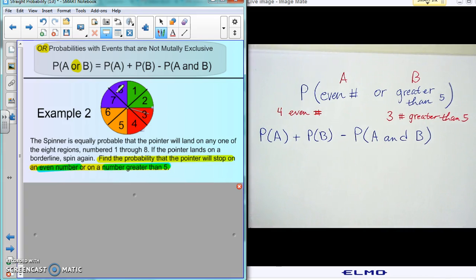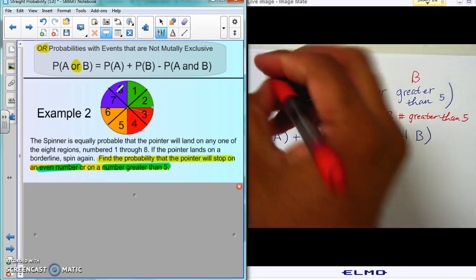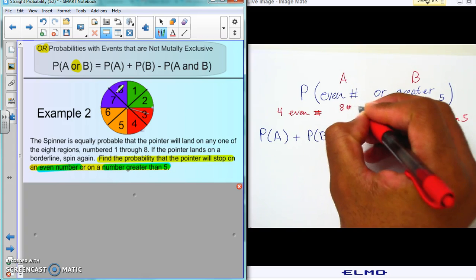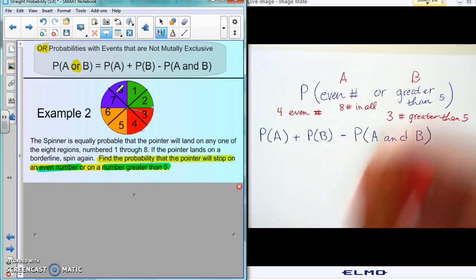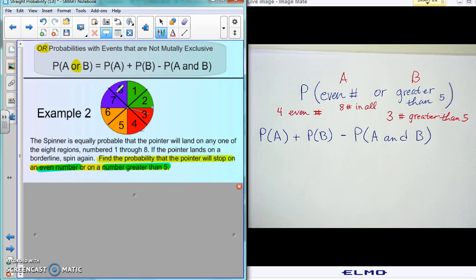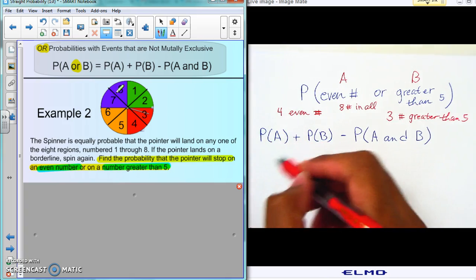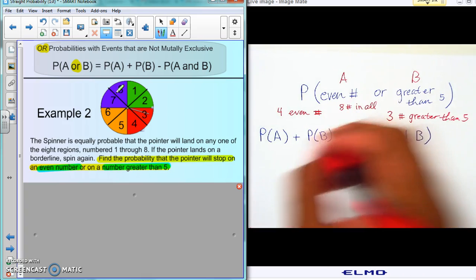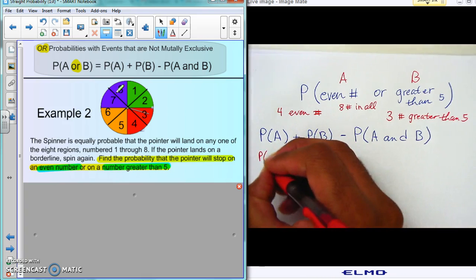Okay. Now, because we're talking about probability, how many numbers are there in all? You're always going to have to know how many numbers or how many things there are in all. So there are 8 numbers in all. That's going to be the most important part, so we can put everything together. First off, the probability of having an even number, that's probability of A. Let's write this down.